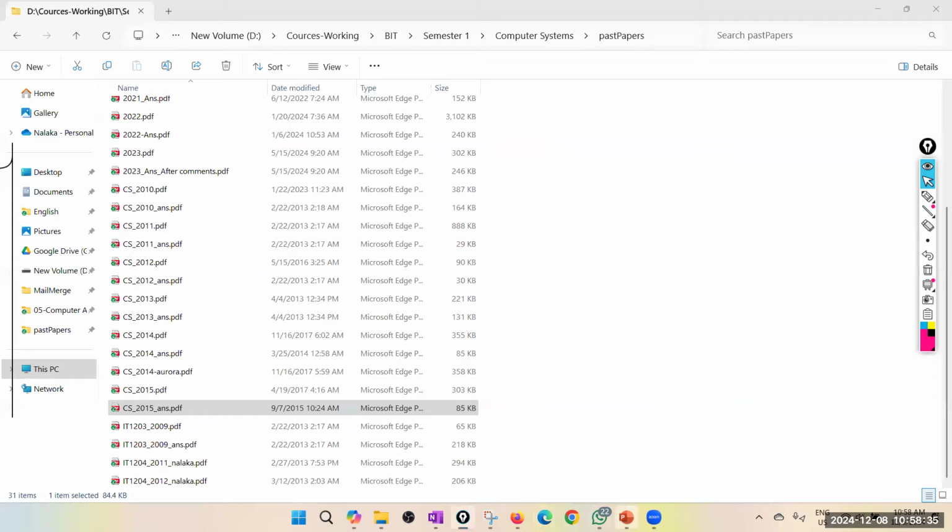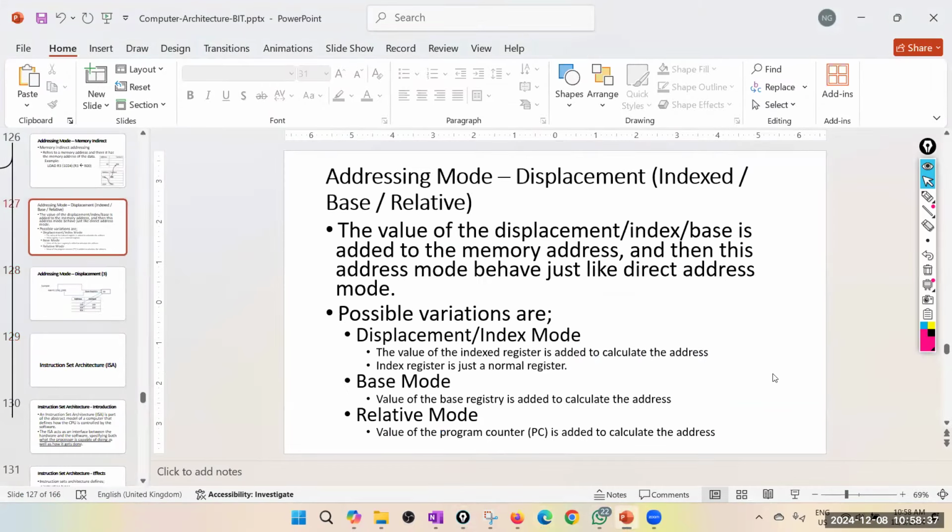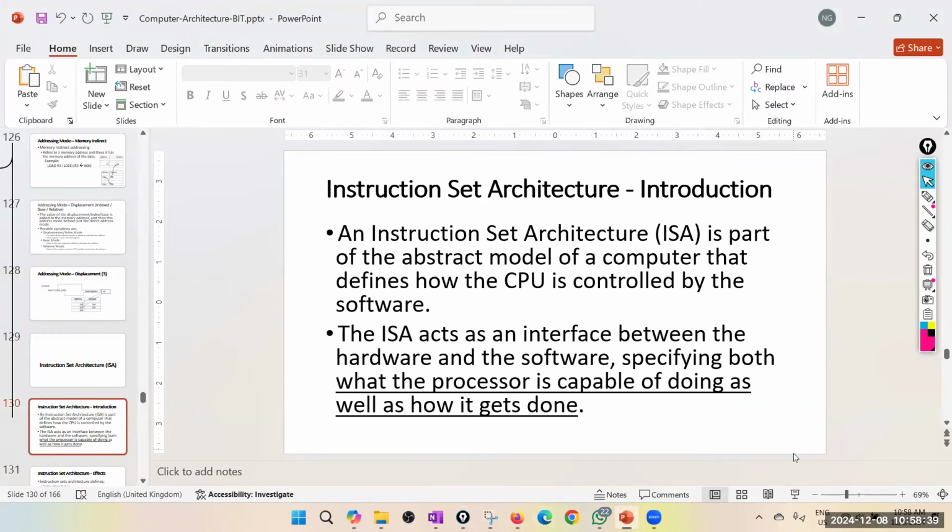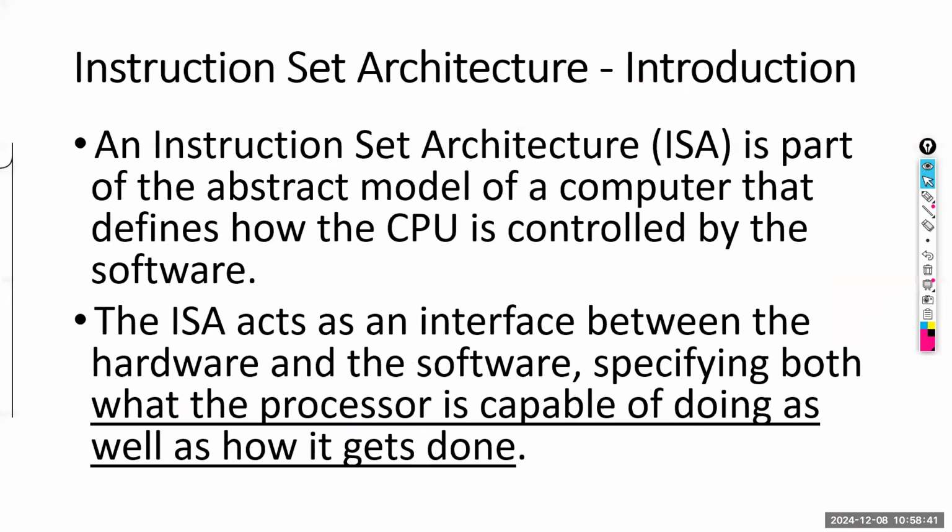Right. So now we'll move on with our next topic, that is instruction set architectures. So what we discussed so far is processor architectures: how your data is physically processed by your processor depending on the architecture.